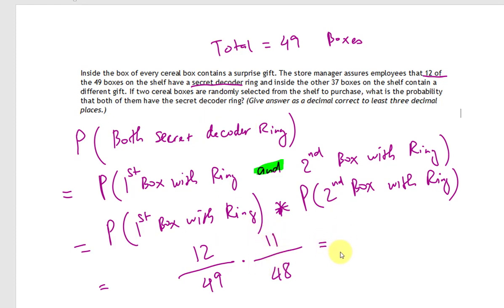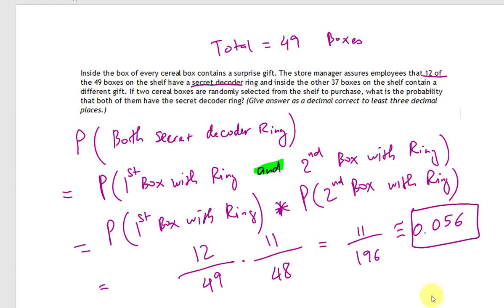And if you multiply all of these numbers together, you should get 11 out of 196. And that will be 0.0566, 0.0561, 0.056, around that.